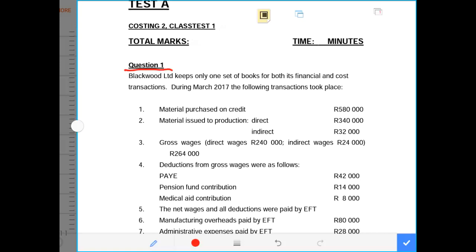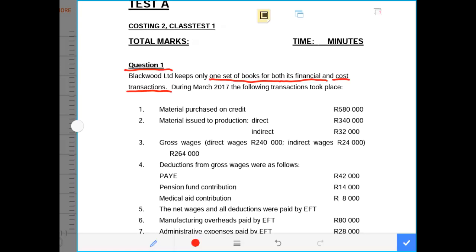So now we begin in question 1, and question 1 says Blackwood Ltd keeps only one set of books for both its financial and cost transactions. So now the minute a company keeps one set of books for their financial and cost transactions, that means we are using the system called the integrated accounting system.